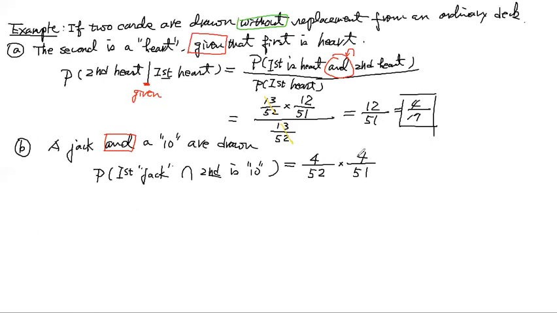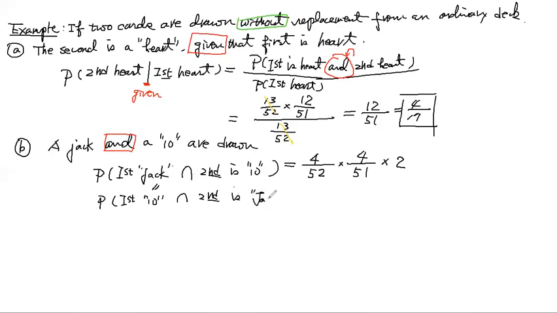And also, the reason we times 2 here is because this one can also be the probability that the first one is a 10 and the second one is a jack.